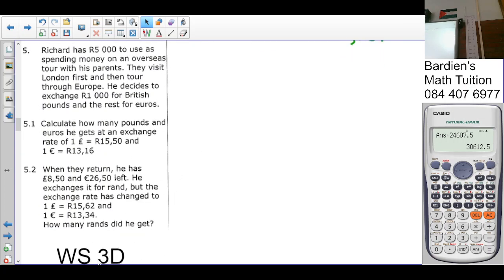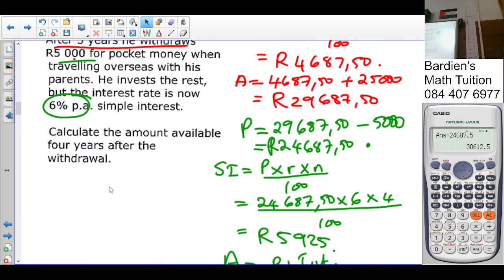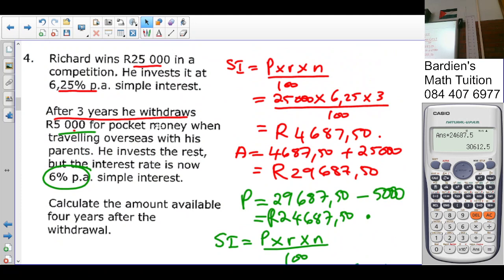Alright, let's see what they say about Richard now. Richard is not the old person, my girl. So he went with his parents on holiday. It's an old guy living with his parents. No, man, it's an old person's name. What's the old person's name? Sometime or other he was young. Oh, the olden days.